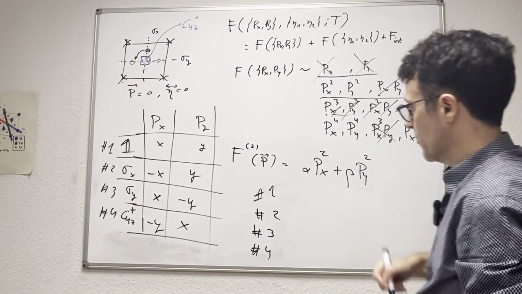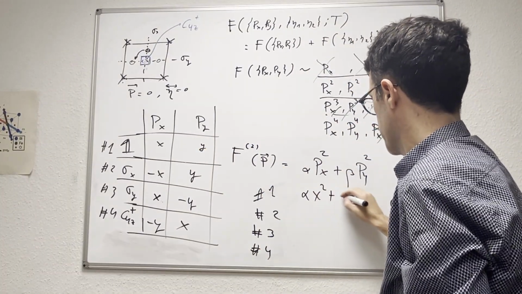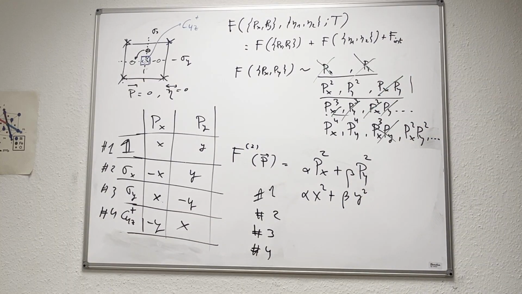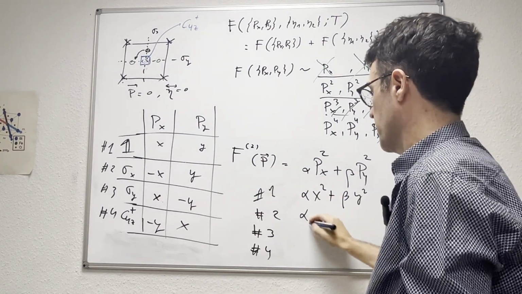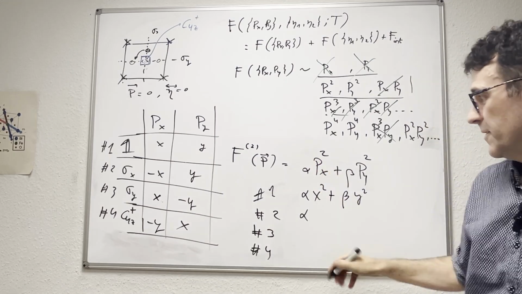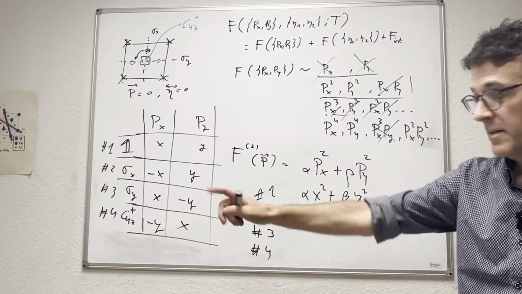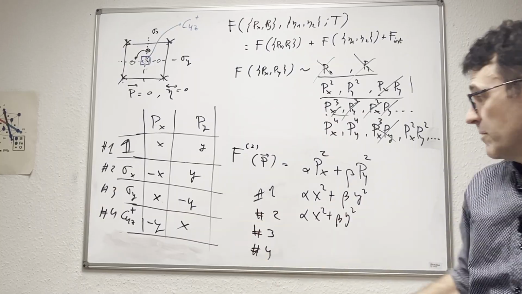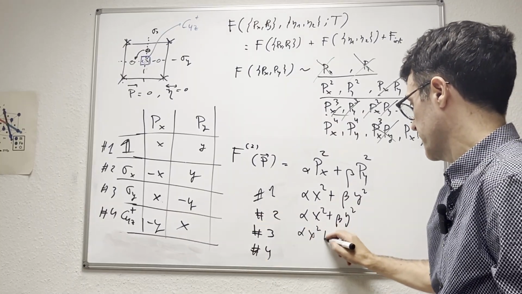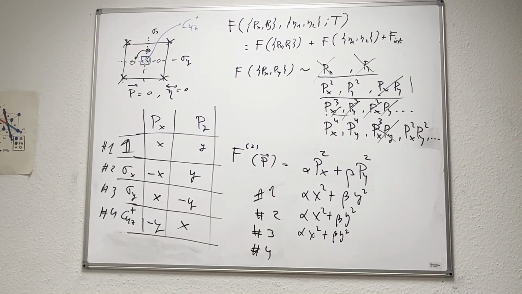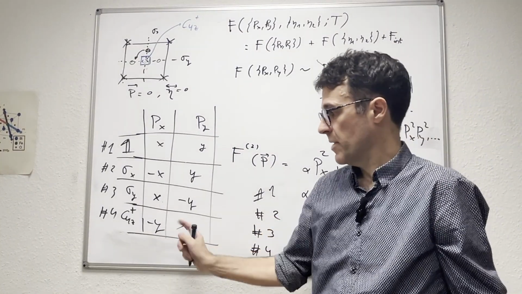What do I have? For state number 1, this gives us a contribution that goes like this. I am just substituting px equals x, py equals y. For state number 2, I have changed one sign, but everything is a square, so state number 2 says something like that. State number 3 is similarly trivial. And state number 4 is a bit less trivial because here I have swapped x and y.